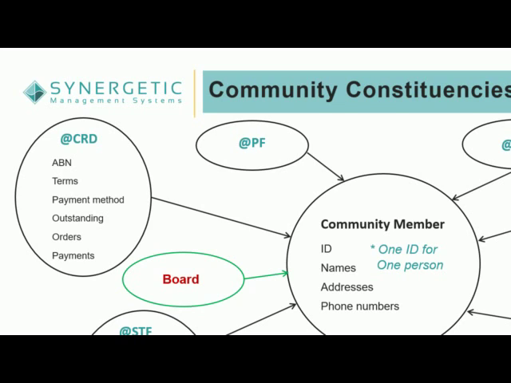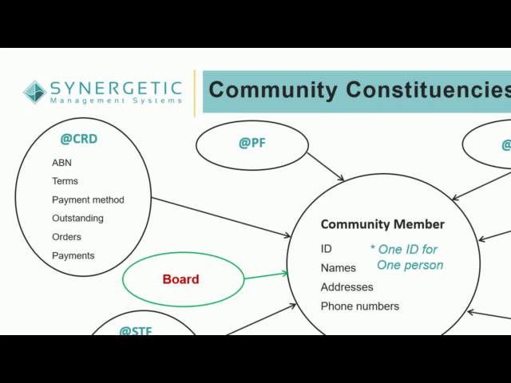So if it's a future student, as soon as the application's processed, that will generate an @SF for the student, and for the parents they'll get the @PF, future student parents. The same as with a debtor. As soon as the debtor account's created, they'll get that @DEB constituency. Okay.